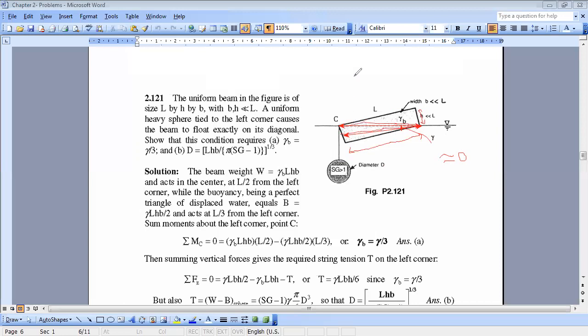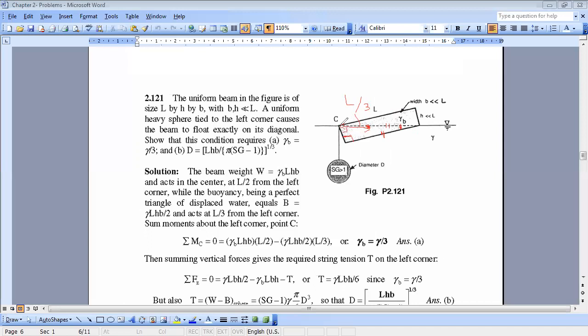So what can I deduce then? I can deduce that the point of application of the buoyancy force is nearly at L over 3 from point C, okay? Because when this angle is very, very small and these two sides are nearly equal, okay? So I will have 90 degrees here.